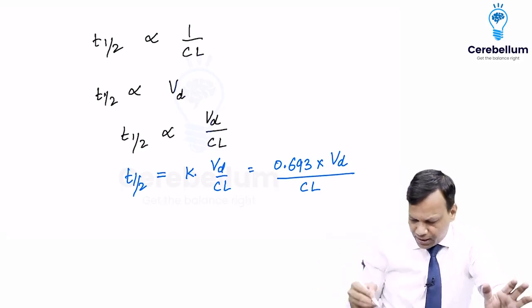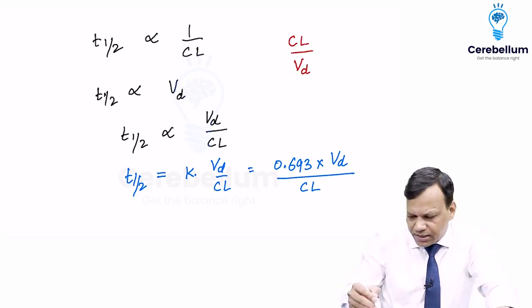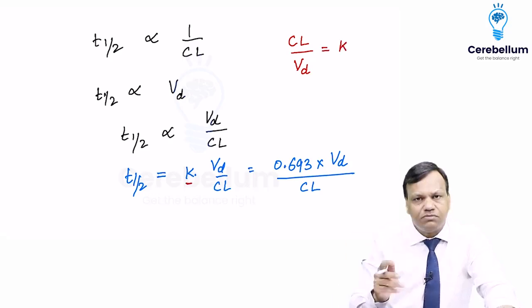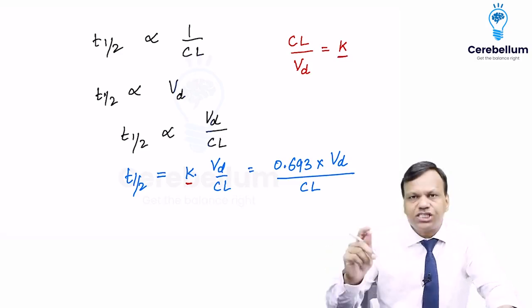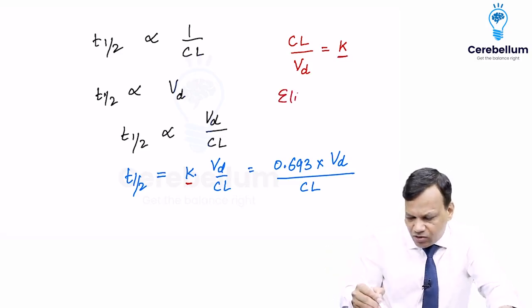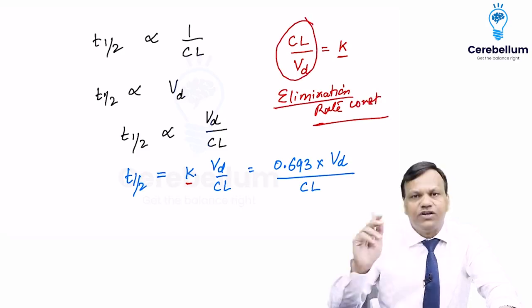Now what is important? This clearance by Vd, clearance by volume of distribution, is known as the elimination rate constant. Remember, this k is not the same as the general constant we write. So this k is the elimination rate constant, and the formula of that is clearance upon volume of distribution.